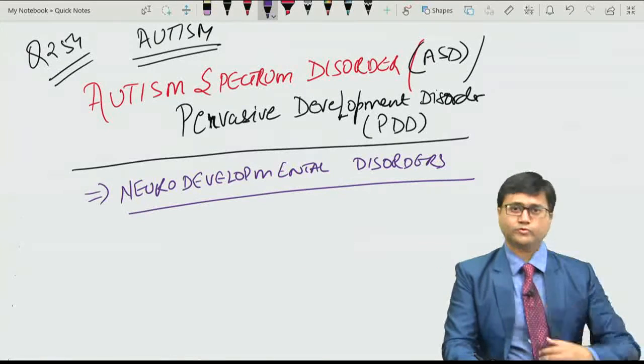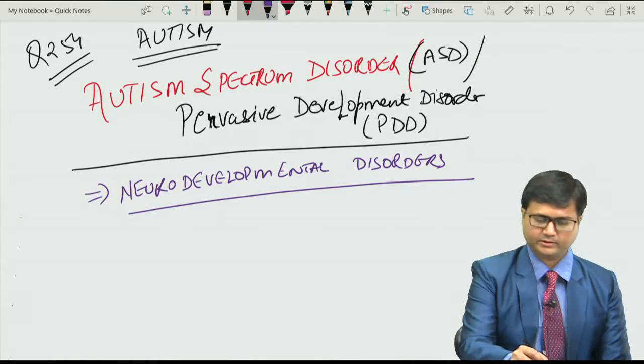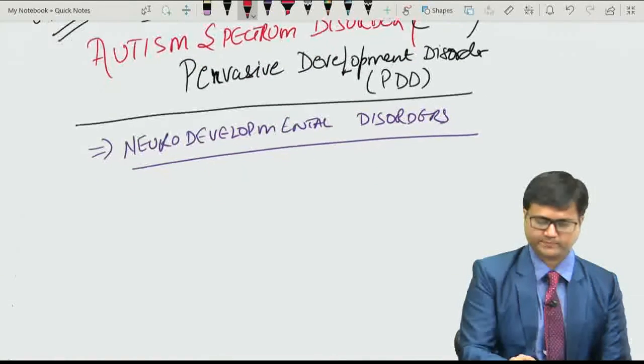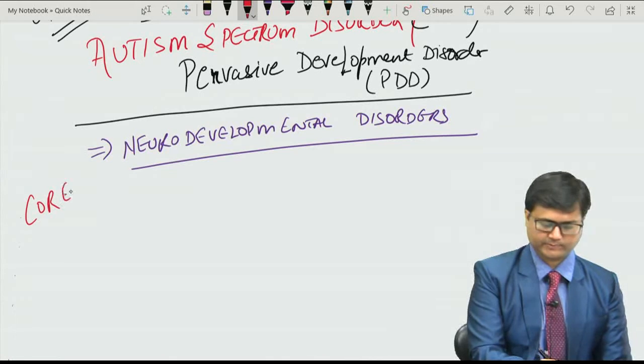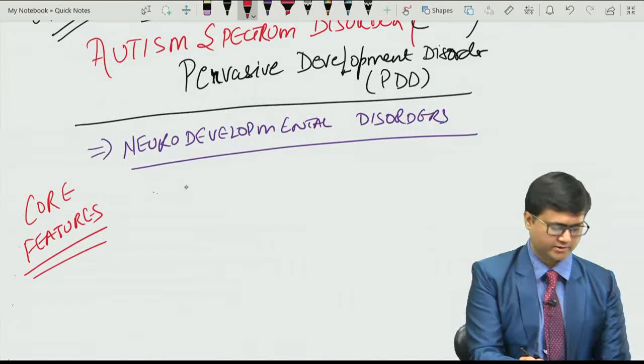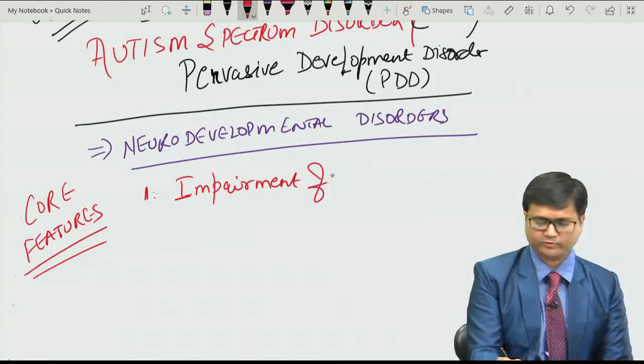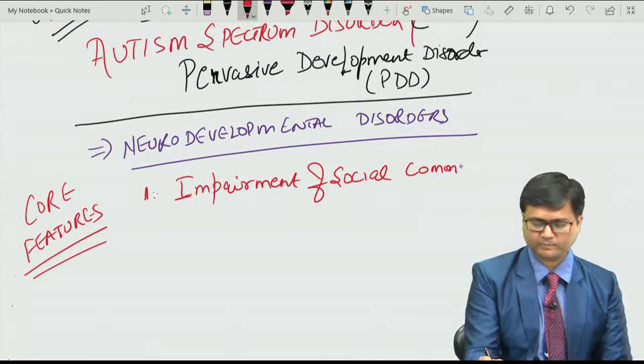Now, important core features of autism spectrum disorder: there are two core features. The first is impairment of social communication.